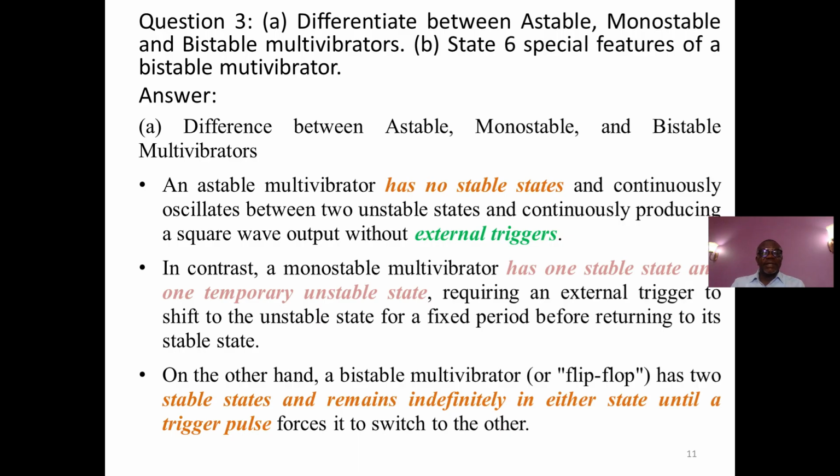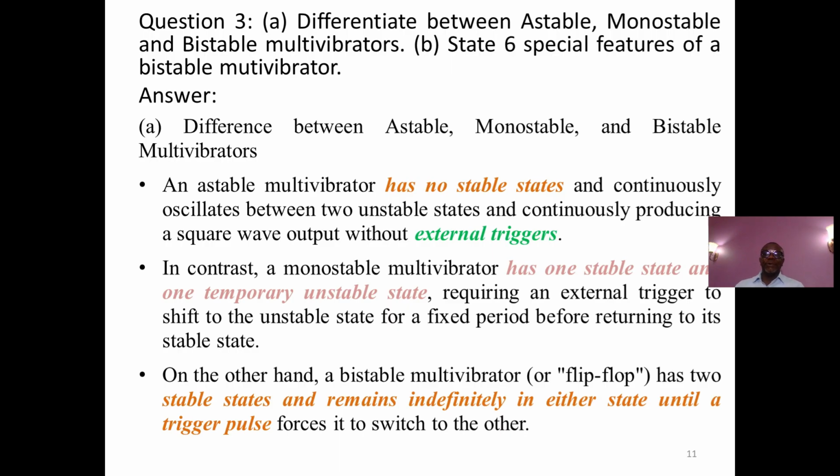In contrast, a monostable multivibrator has one stable state and one temporary unstable state. If you see the difference with astable, the astable has also two states, but neither of the two states is stable, and it produces these two unstable outputs without an external trigger.